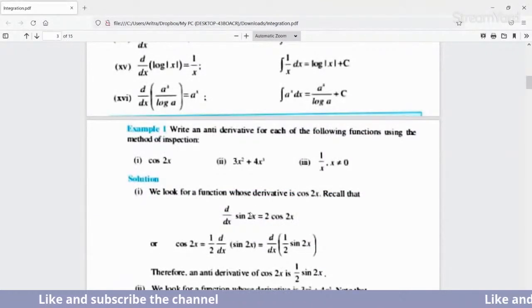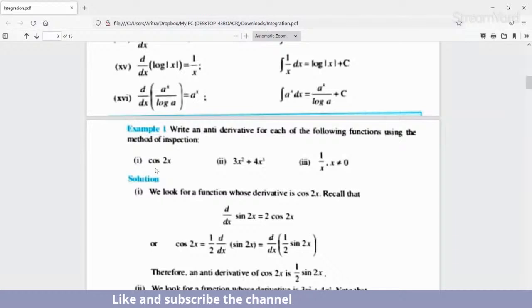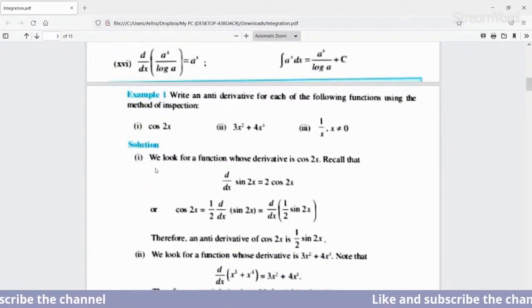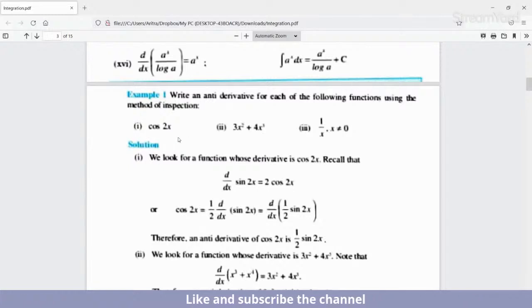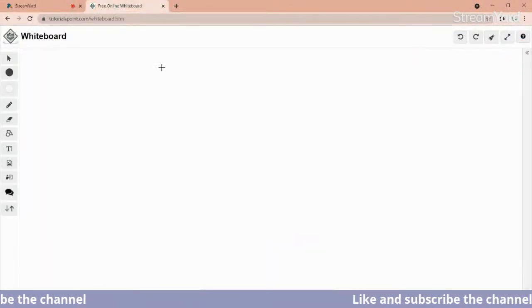One thing that's different: whenever you have a coefficient of x, like here it is 2x, when you integrate, it will be sin 2x, and you just have to divide it by 2. It's a general formula, just remember it like this.